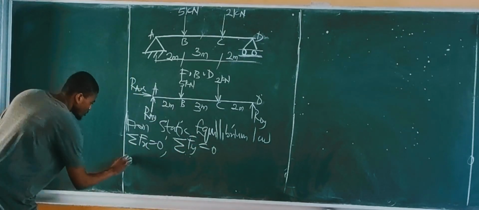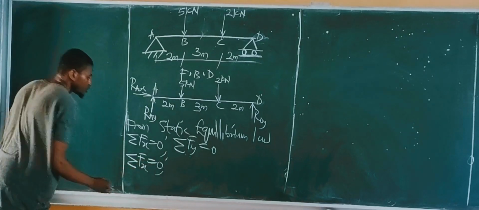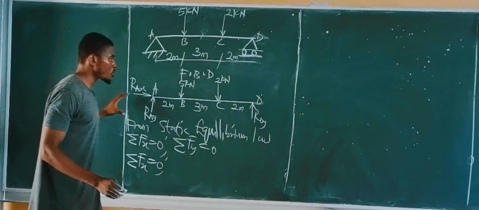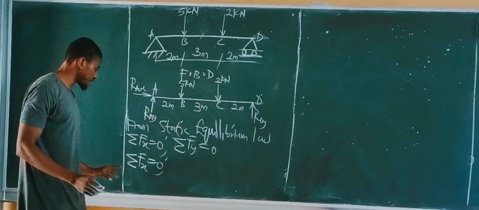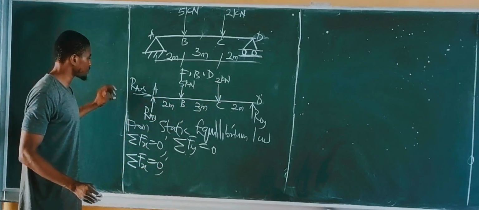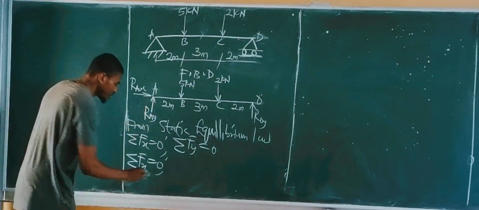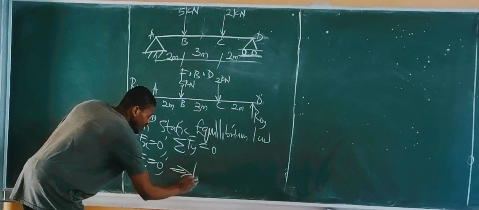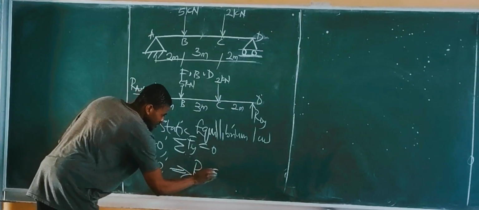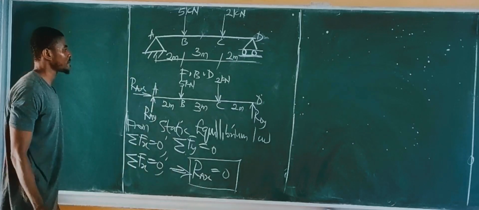Let's start with summation of Fx equals 0. You look at the beam, sum all the forces pointing along the x-axis and equate to 0. In that case, we only have RAX on the beam along the x-axis. So this implies that RAX is 0.